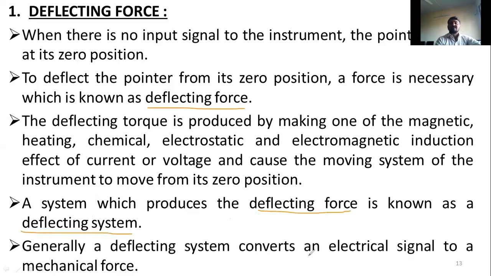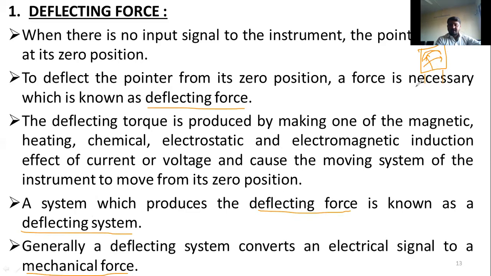Generally, a deflecting system converts an electrical signal to the मैकेनिकल फोर्स. हमने इंस्ट्रूमेंट, सपोज एमीटर है, एमीटर को हमने इनपुट सप्लाई दे रहे हैं ना, इलेक्ट्रिकल सप्लाई we are giving. But the pointer is going to rotate here, so mechanically it is rotating.